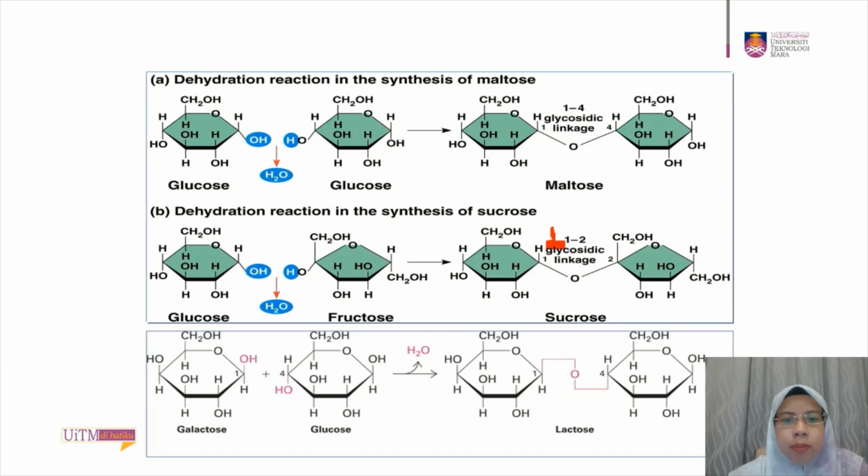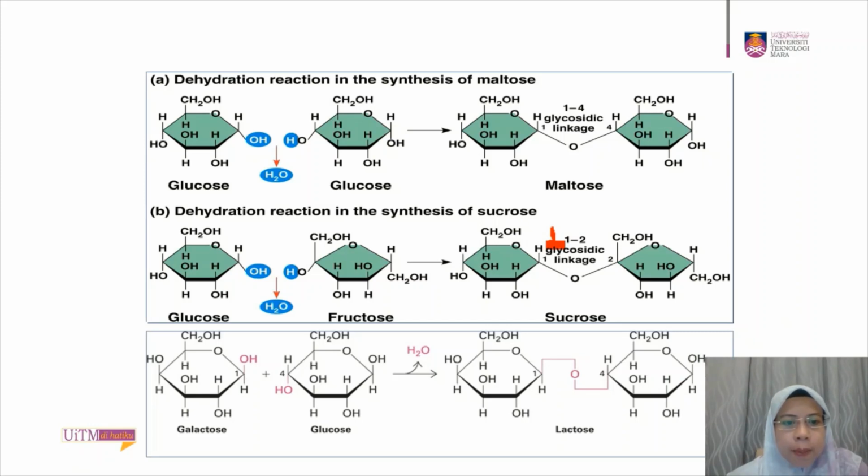The binding between these two monomers of glucose is at carbon number 1 and carbon number 4. That's why the binding is known as a 1,4-glycosidic linkage or 1,4-glycosidic bond.